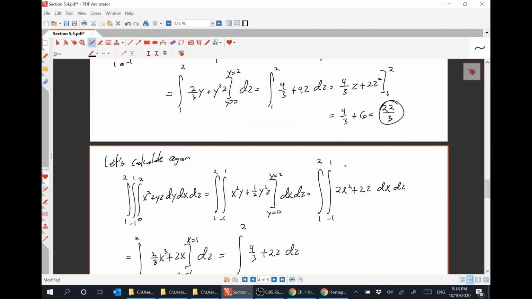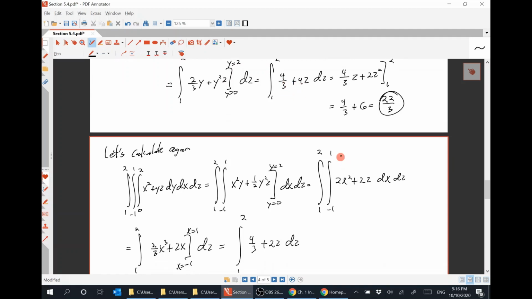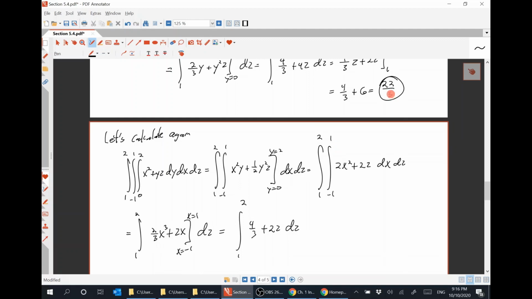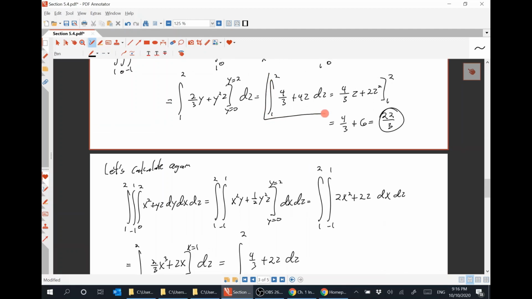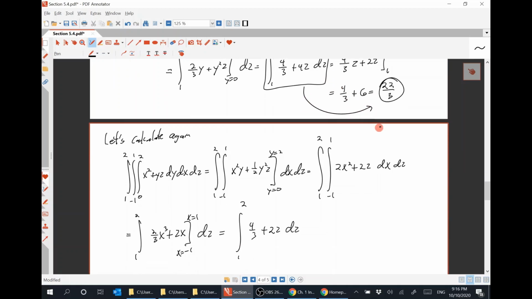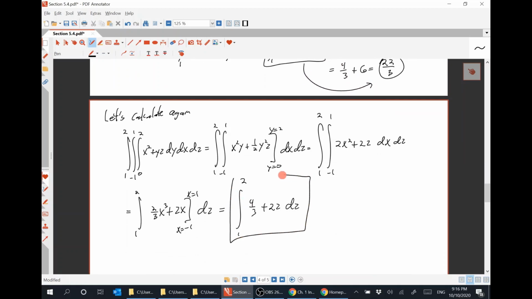I think that's the same one as last time: 4/3 plus 4z dz. So, right? 22/3. Same answer. As it should be, no matter how you do it, you're always going to get the same answer.